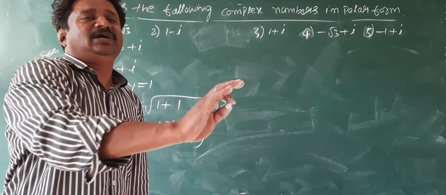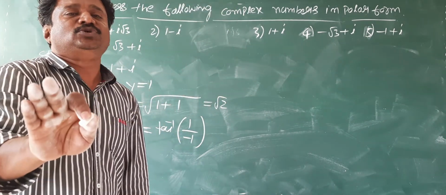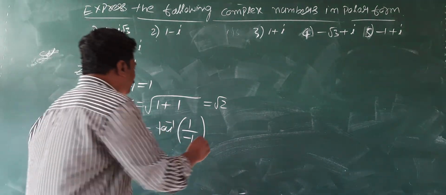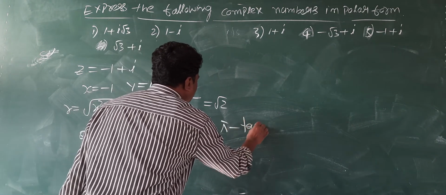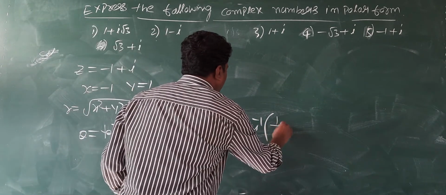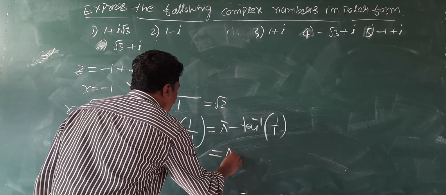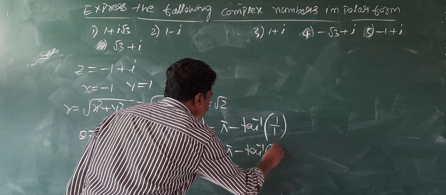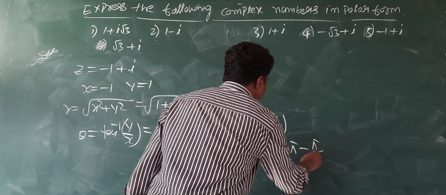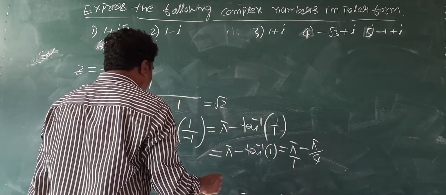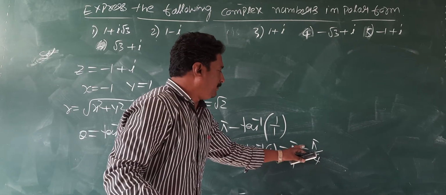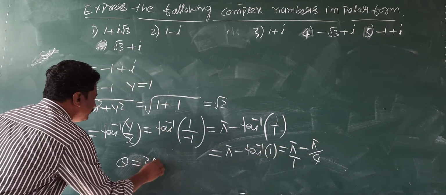Only when minus comes. So pi minus tan inverse 1 by 1, that is pi minus tan inverse 1, which is pi by 4. LCM: theta equals 4 pi minus 1 pi, 3 pi by 4.